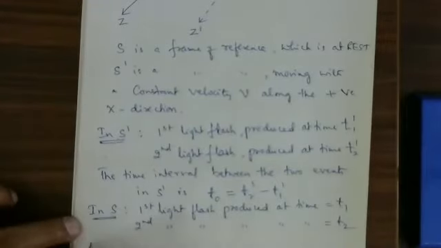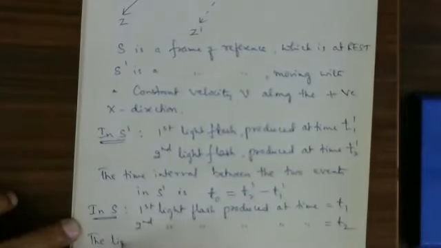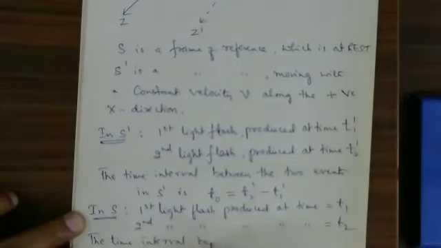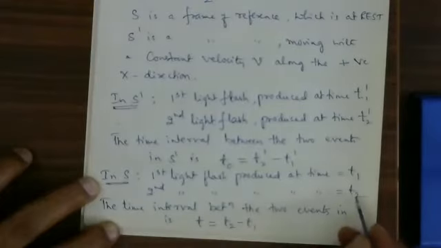Now the time interval between the two events, here it is S dash, here it is S, is given by, here it is T naught, but here I will write T is equal to T2 minus T1.